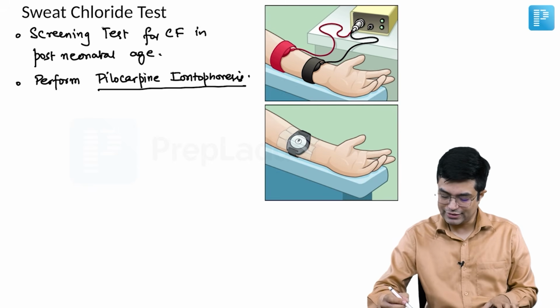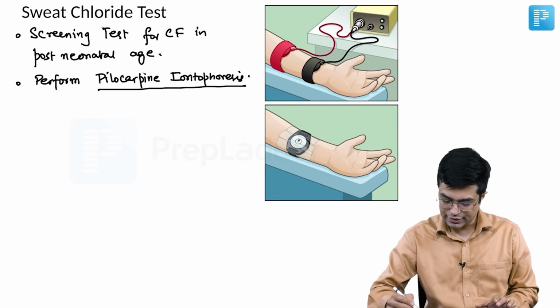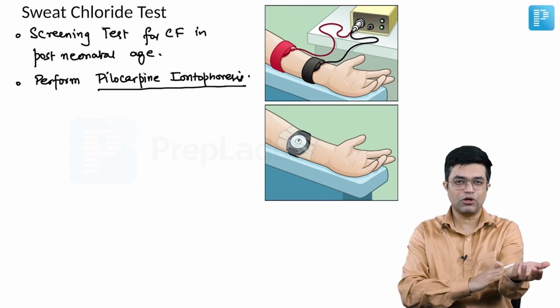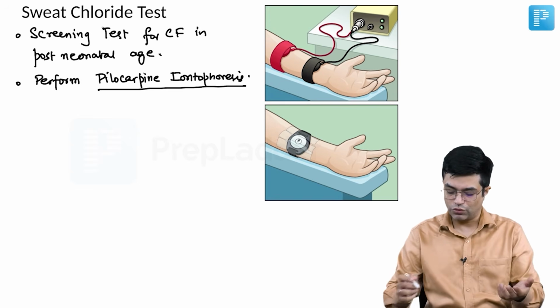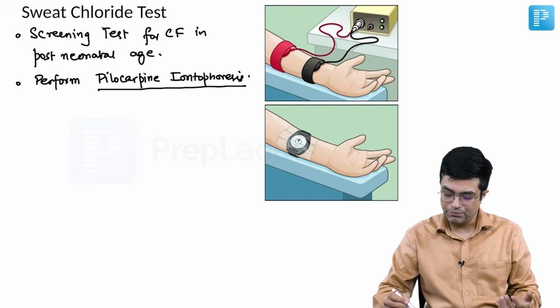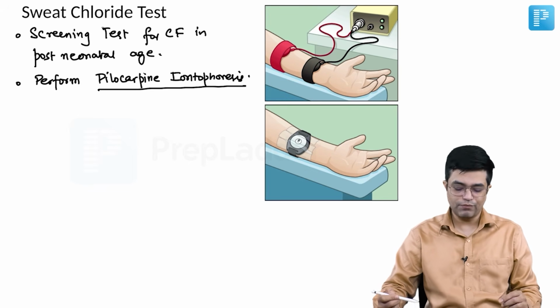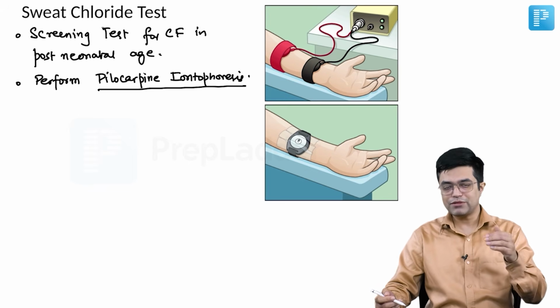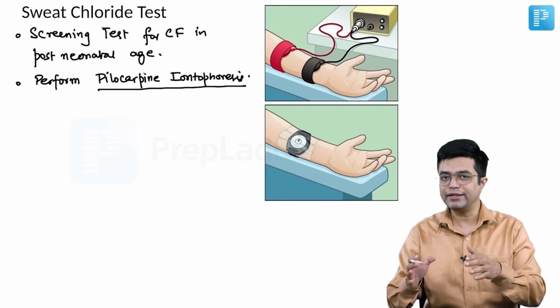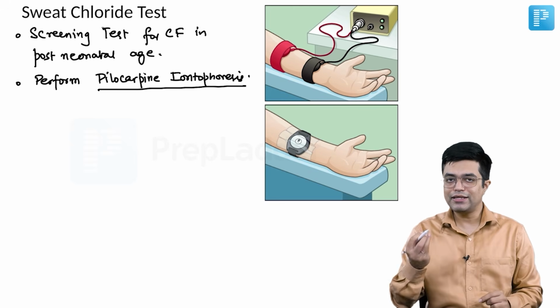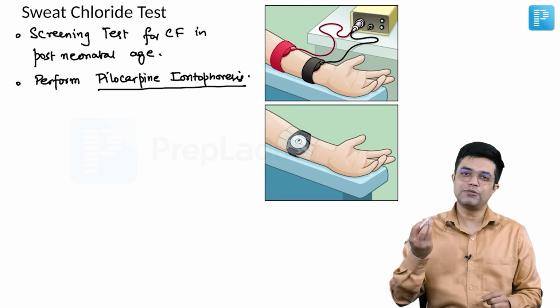So as you can see, these are the two terminals in the picture. You can see this is one terminal, this is the second terminal. Usually it is performed on the forearm, volar aspect of forearm, and we pass a small amount of electric current through it, and there is an application of pilocarpine which is done. It pushes pilocarpine into the sweat gland area and ensures that increase in the amount of sweat is produced.